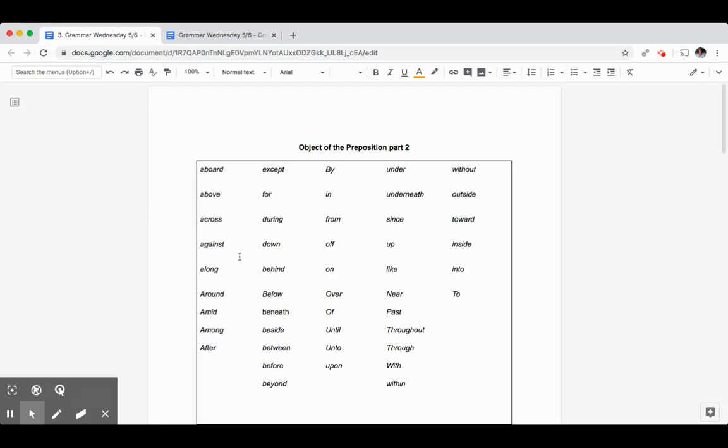So before we start going over answers, we're going to do a little bit of review. Since we're talking about objects of preposition today, it's important that we remember what a preposition is. So who can remind the digital class what a preposition is?